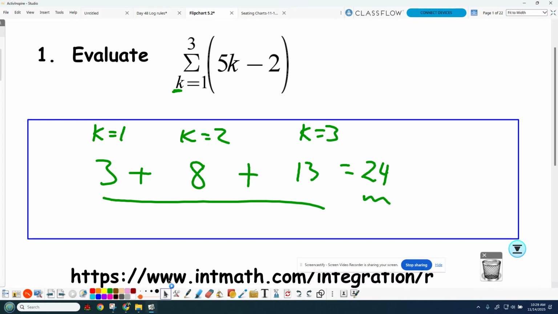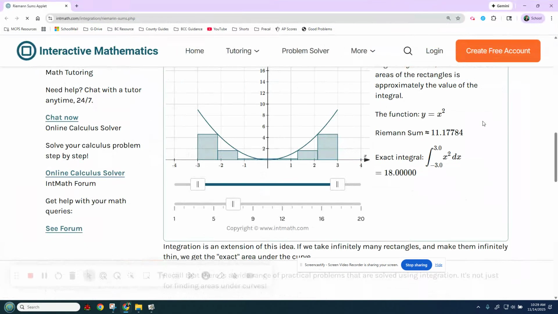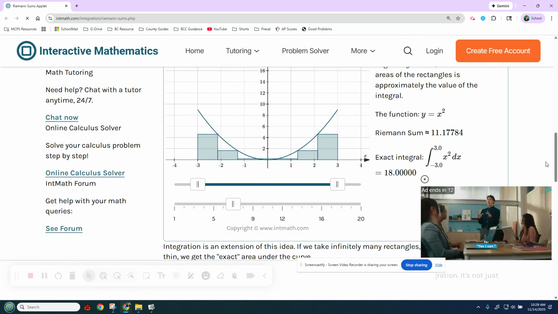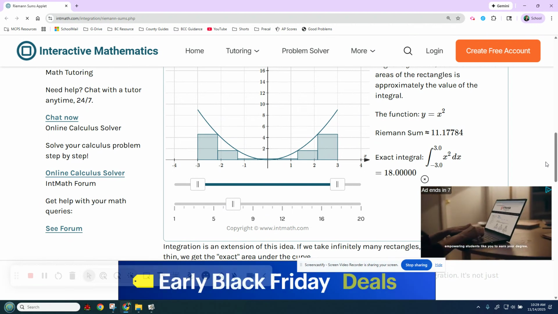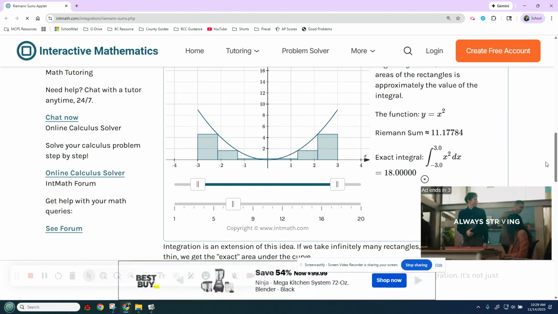I'm trying to bring this up. This is a way that they might show you or ask questions. They will say, all right, we're going to do this as the sum of 1, 2, 3, 4, 5, 6 rectangles.